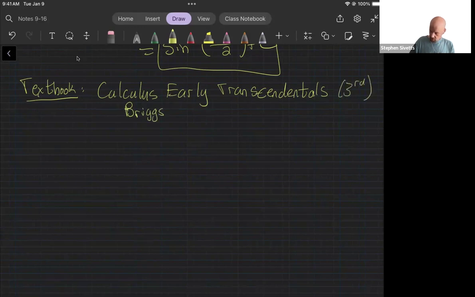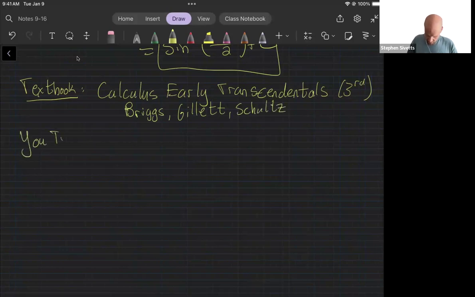The textbook I'm using is Calculus by Stewart, third edition.